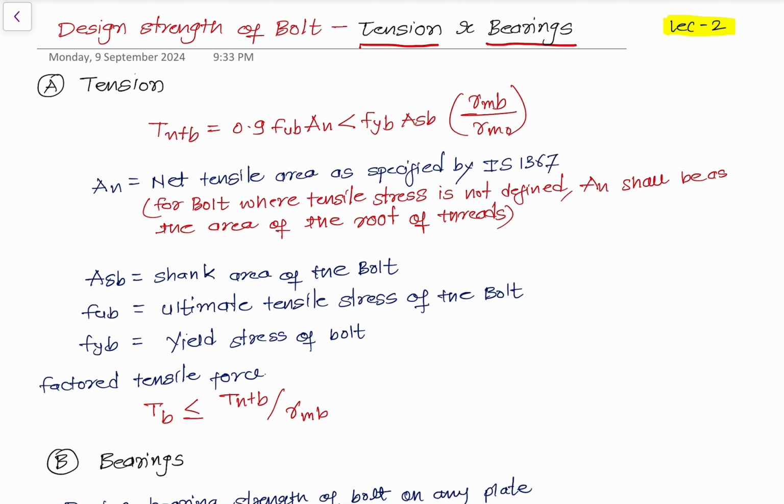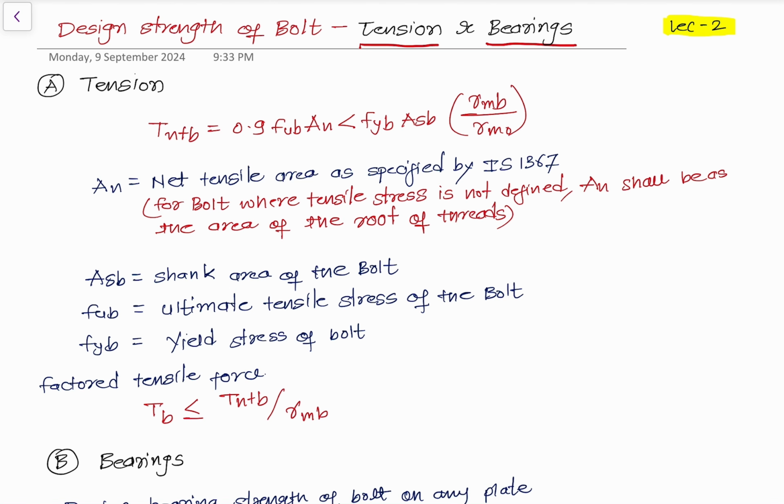Now, what have we considered here? An is the net tensile area as specified by IS 1367. For bolts where the tensile stress area is not defined, we need to consider the area of the root of the thread. I'll do that while solving the numerical.